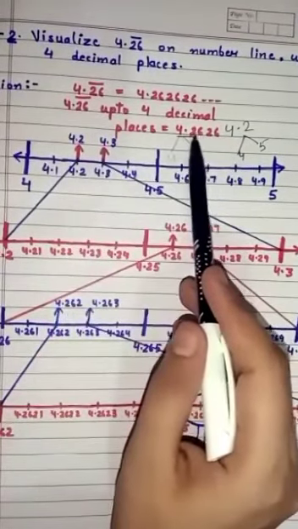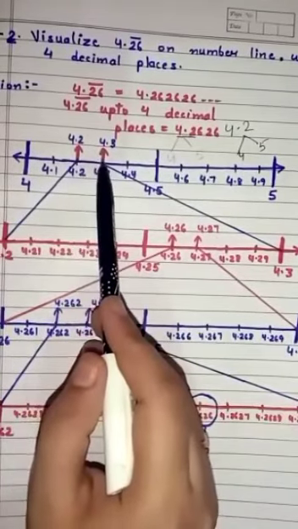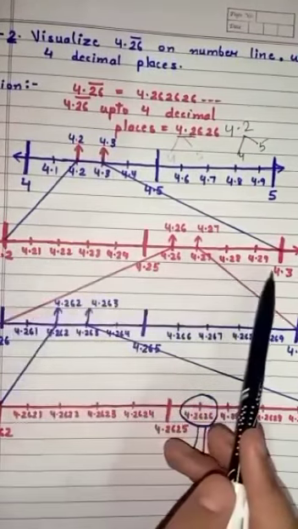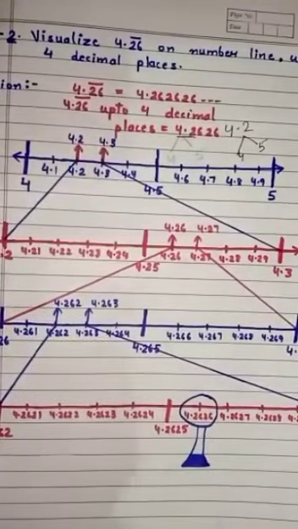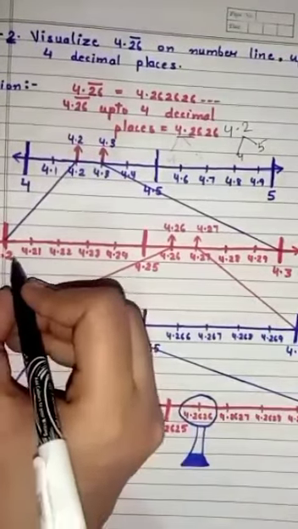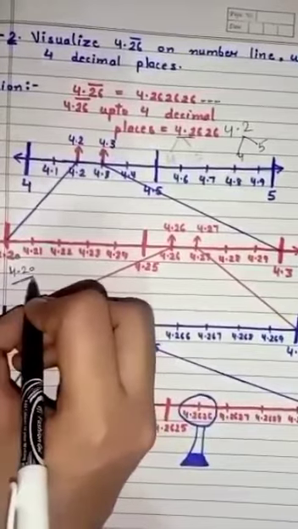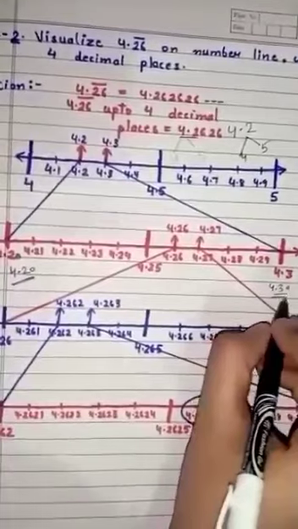After that we see that we have to go further, so we mark one more point, 4.3. Here you start with 4.2 and here it would be 4.3. According to the previous question, the same points are to be given. You can mention this as 4.20, and here it would be 4.30 also.